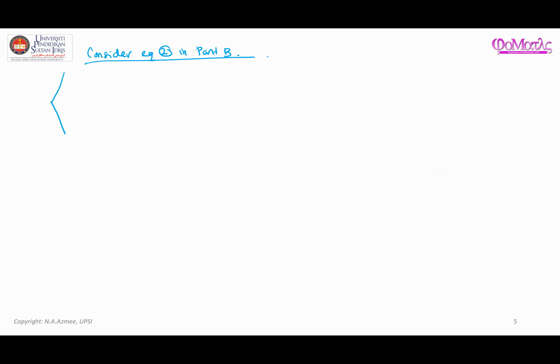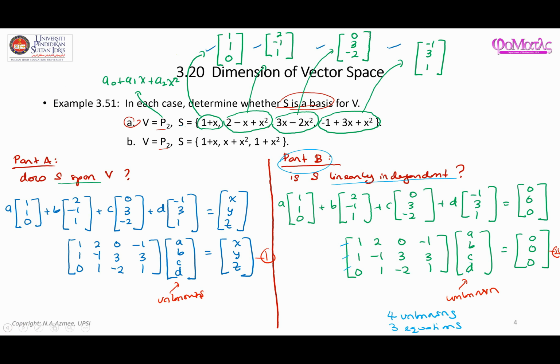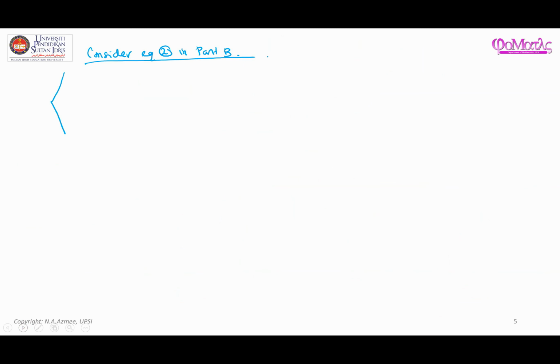So here we have 1 1 0, 2 negative 1 1, 0 3 negative 2, negative 1 3 and 1, and here is 0 0 and 0.